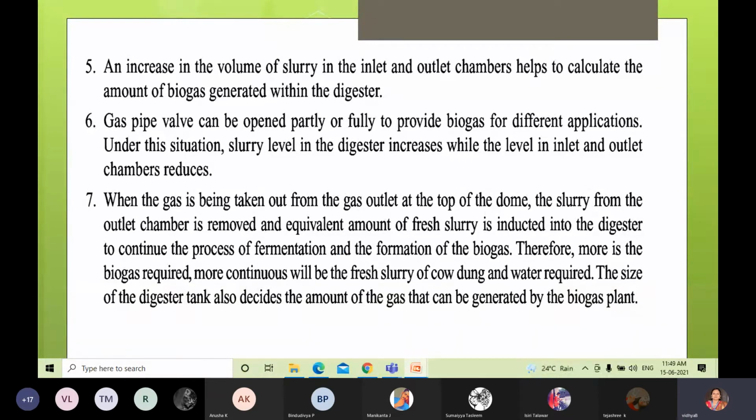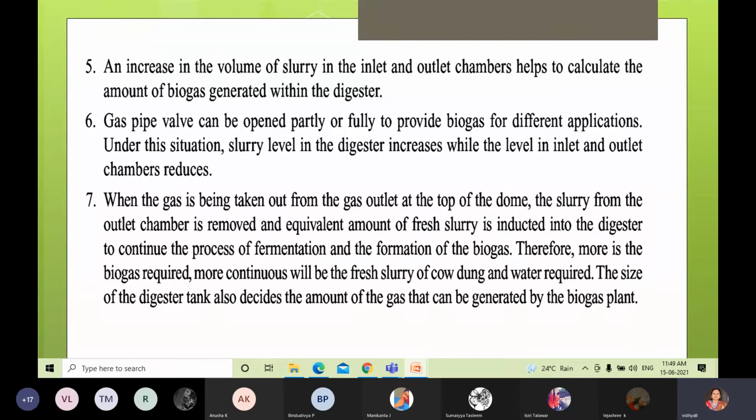For example, if we give input 5 to the digester, then from the digester we will take out 5. How much amount we put into the digester, that much we take out.